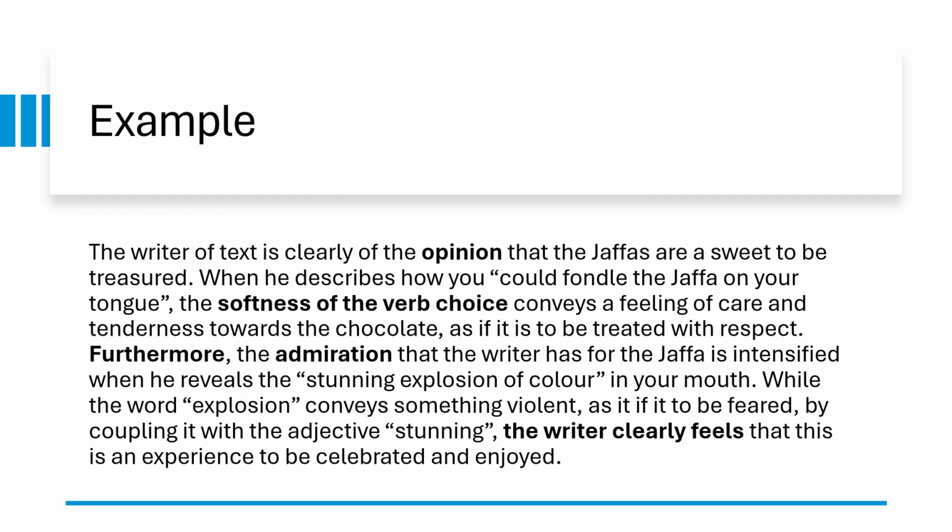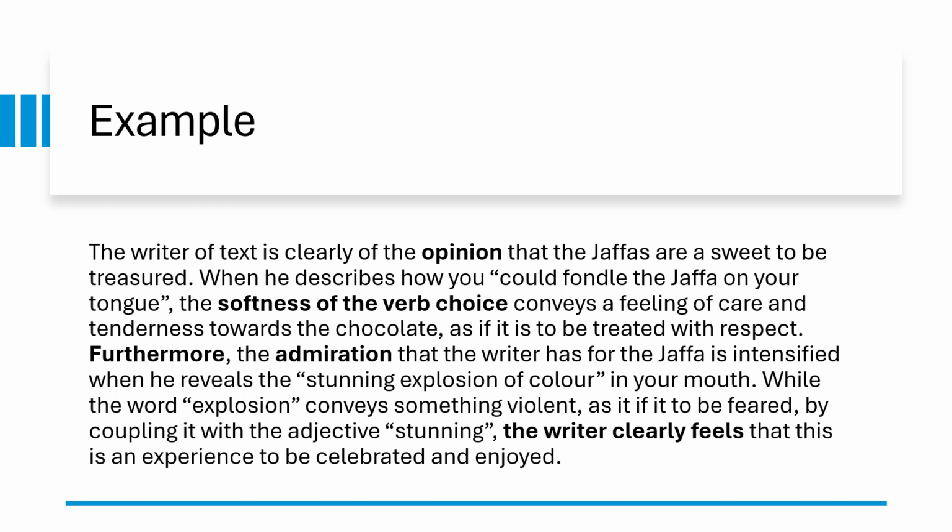Furthermore, now I'm building up my layers of analysis. The admiration that the writer has for the Jaffa is intensified when he reveals the stunning explosion of colour in your mouth. While the word explosion, I'm analysing key words, conveys something violent as if it is to be feared, by coupling it with the adjective stunning, the writer clearly feels that this is an experience to be celebrated and enjoyed.